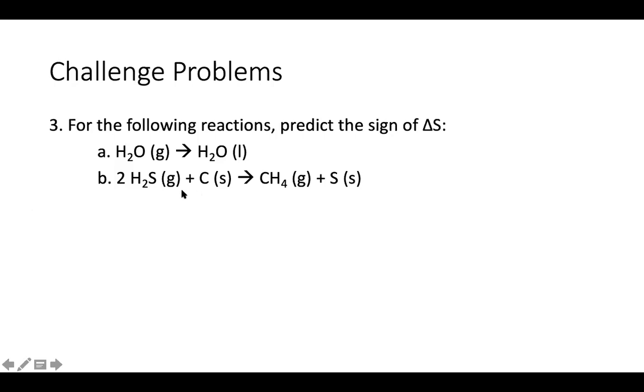So if you ever see solids and gases in the same equation, I would just ignore the solids. And so what you should do here is say, in general, I have 2 moles of gas on my reactant side and 1 mole of gas on my product side.